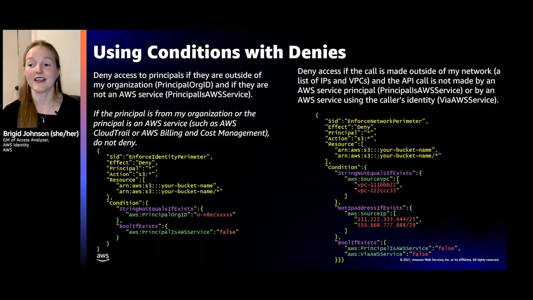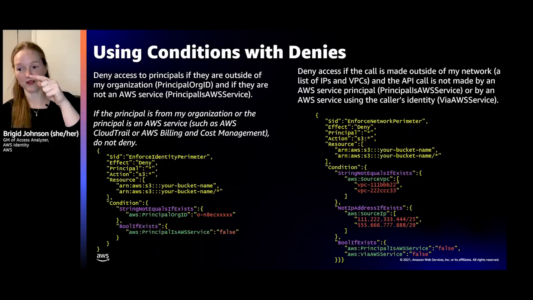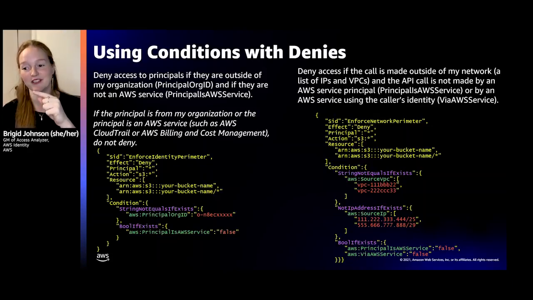Okay. Then on the other side, we have deny access to all these S3 on this bucket if these three conditions are met, right? So the deny kicks in if it's not coming from one of the specified VPCs, it's not one of the source IPs specified, and it's not an AWS service and not through an AWS service.